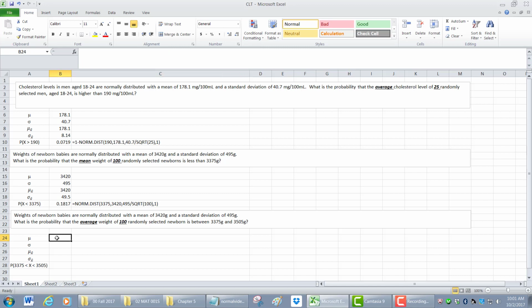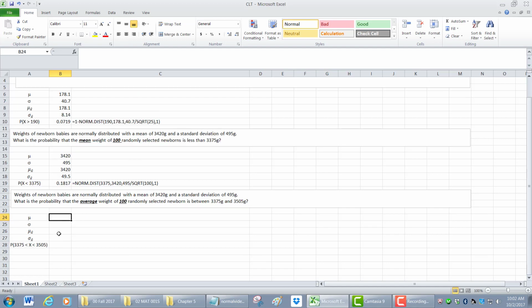All right, same question, same situation. Weight of newborns are normally distributed with a mean of 3,420 grams and a standard deviation of 495 grams. But in this case, we're asked about the average weight being between 3,375 grams and 3,505 grams. So yes, we need the central limit theorem because we're being asked about the average of a sample of 100 rather than about one newborn.